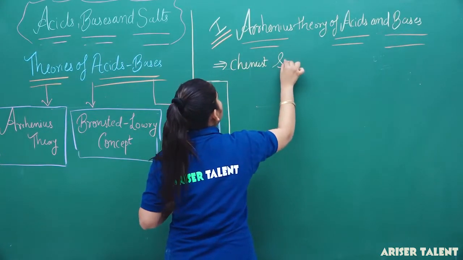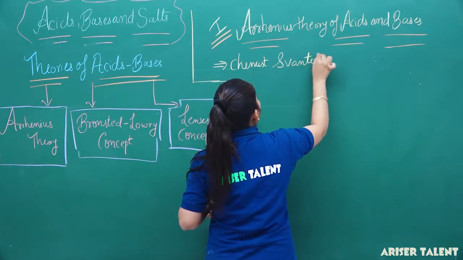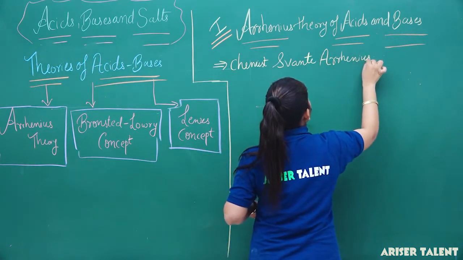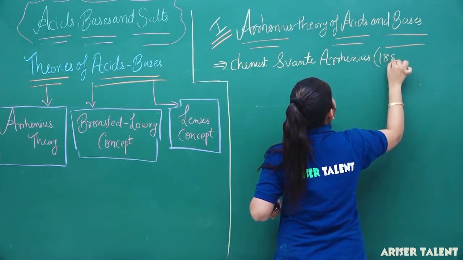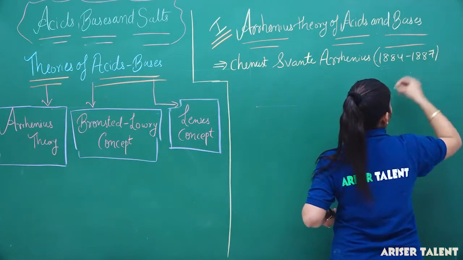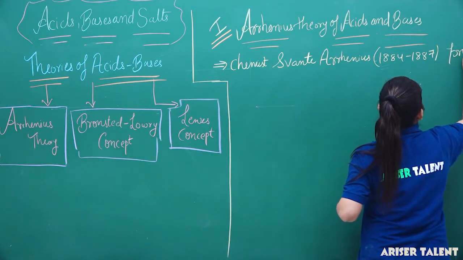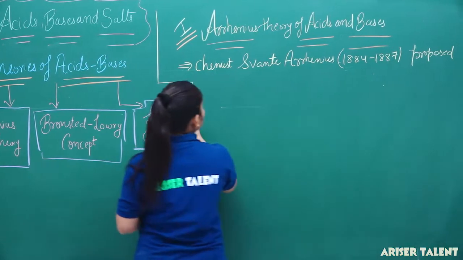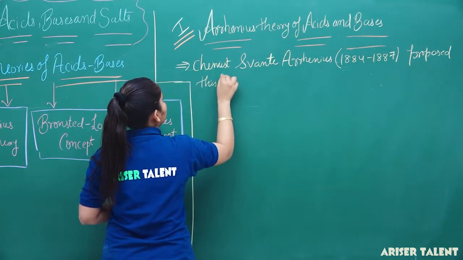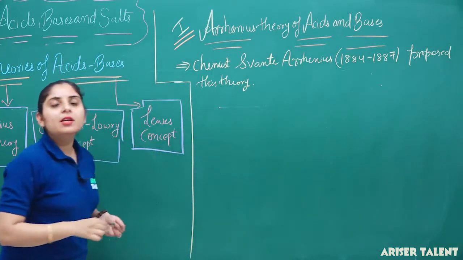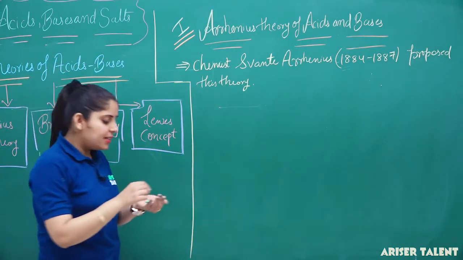So the chemist Svante Arrhenius, between 1884 and 1887, proposed this theory, and he gave two general descriptions regarding acids and bases.